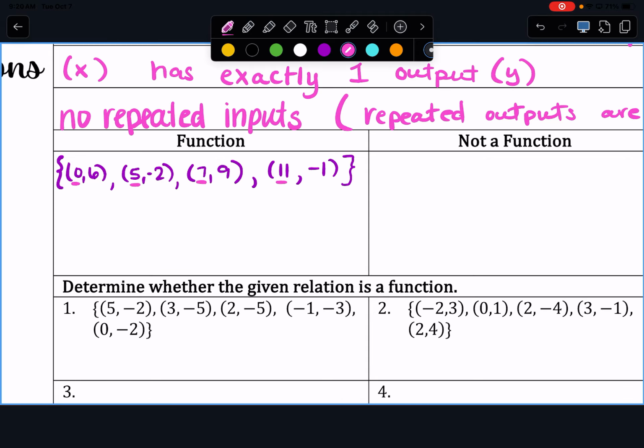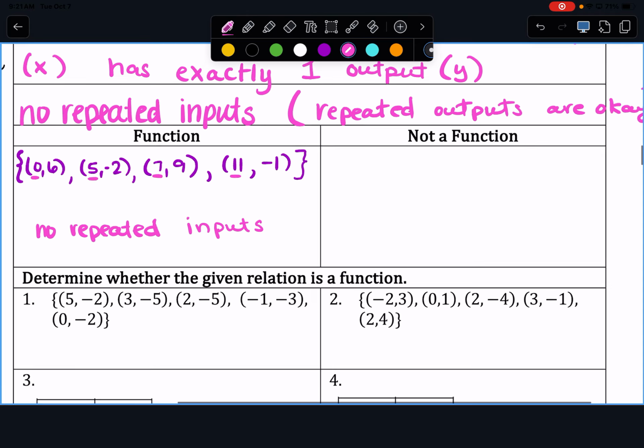Yeah, they are. They have no repeated x values. So because of that, that is a function. That's what makes it a function. No repeated inputs, okay? No repeated inputs.